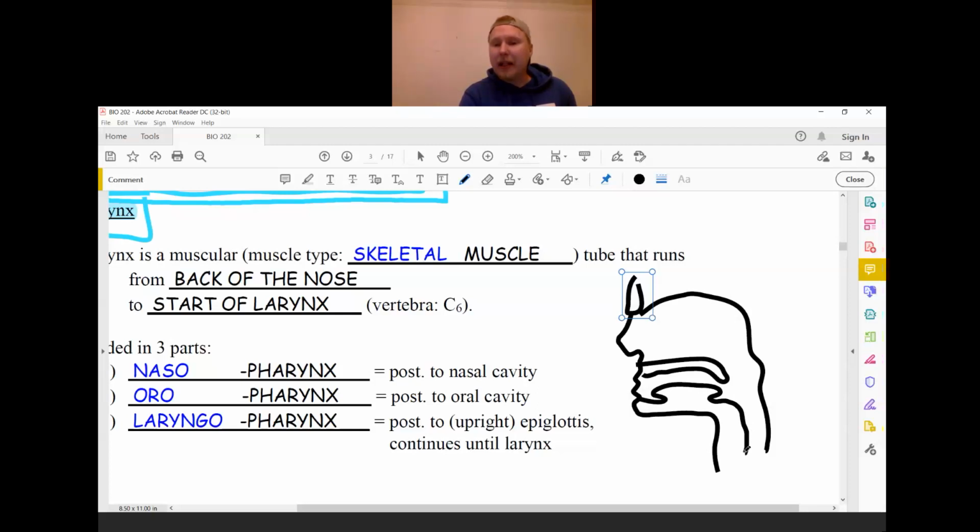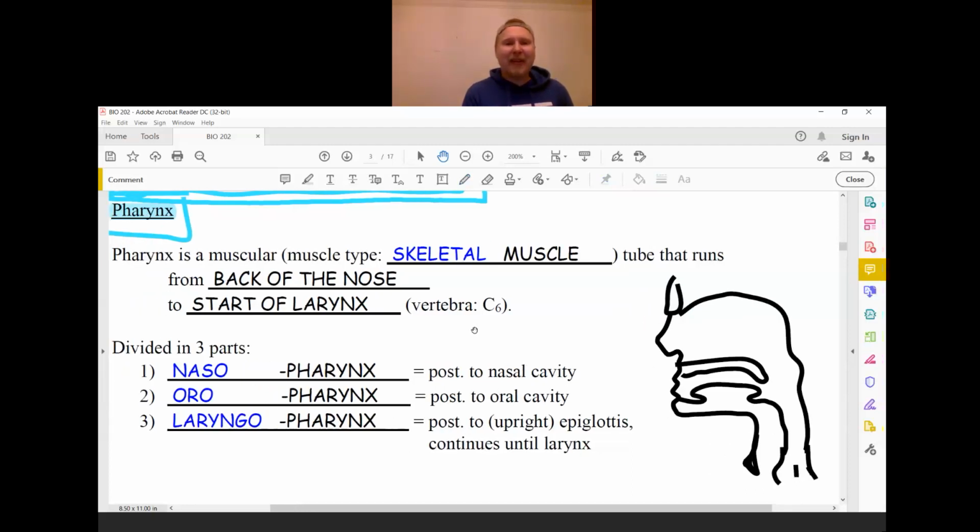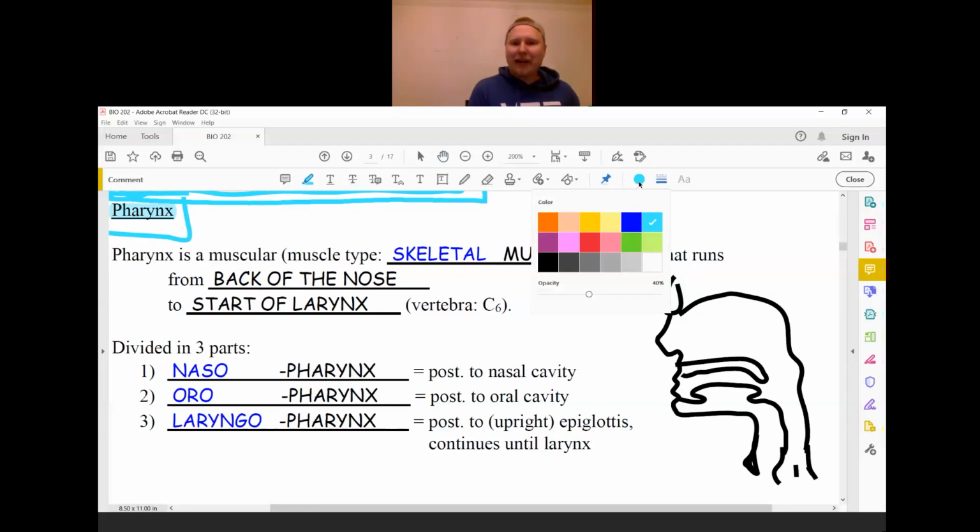And here we get to the neck. We can see the Adam's apple, for example, there. So, larynx, pharynx, let's start with the pharynx. The pharynx can be divided into 3 parts, and we're going to go through those parts.